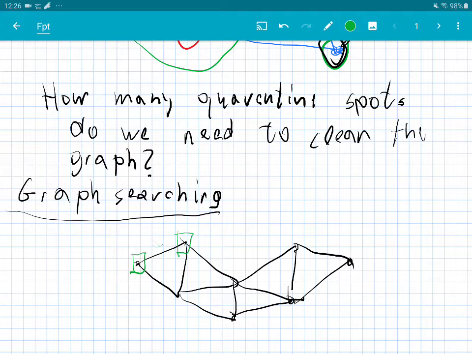So the question now is again to find the schedule of the guards such that all the pipes, all the edges, are clean of the gas. And again, if you leave a vertex connecting a clean edge and an unclean edge unguarded, then the bad gas leaks back into the edges, right?